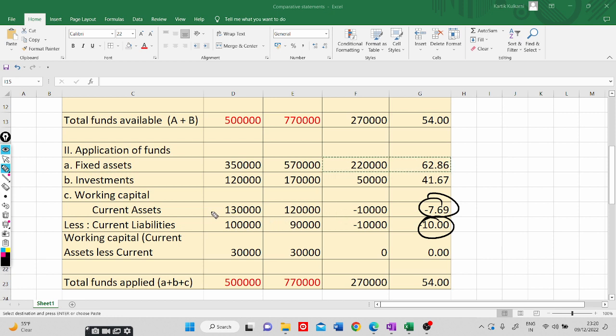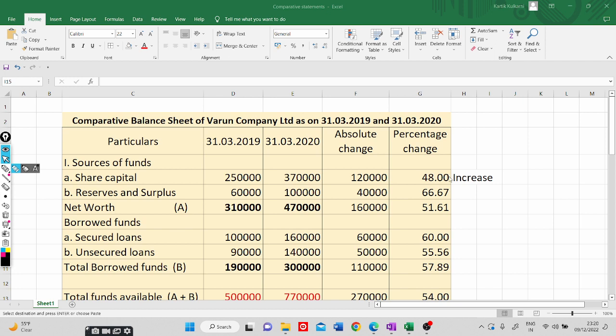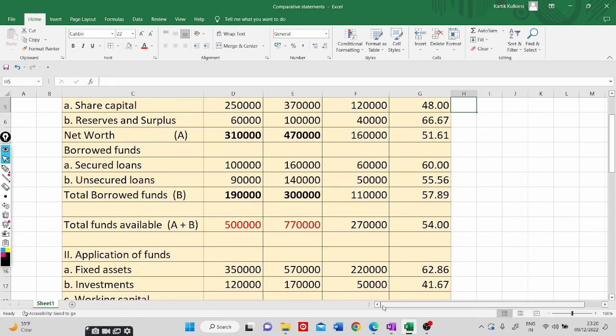Current assets was 1,30,000, which has decreased to 1,20,000. Current liabilities from 1 lakh to 90,000. So there is a decrease. We can write here as decrease. In this way we can form a statement.